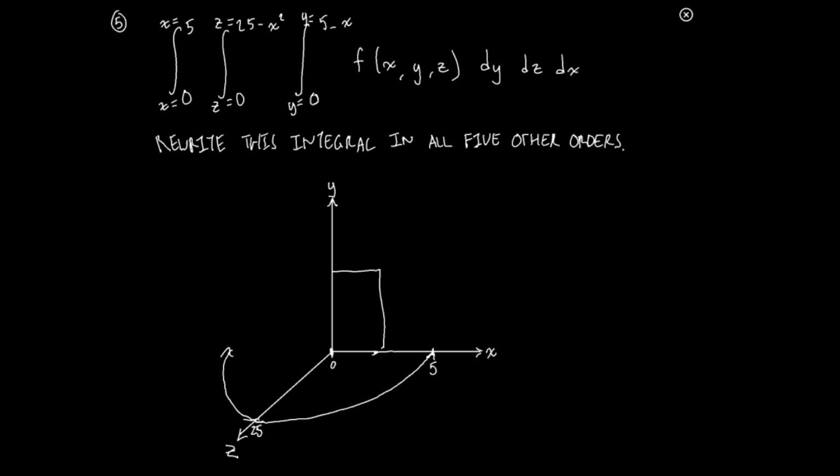It's not the most proportional drawing ever, but it'll work. Okay, so we have our z bounds down. We go from the xy plane, which is z equals 0, all the way out to this parabola, right?